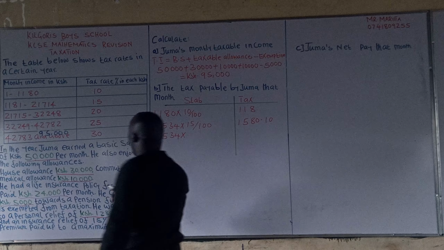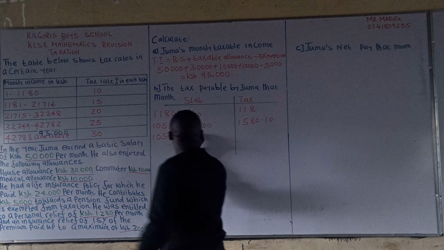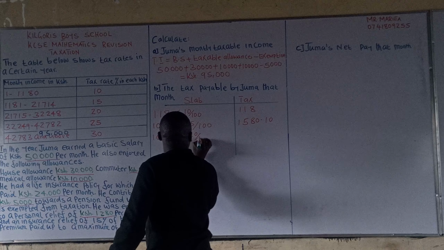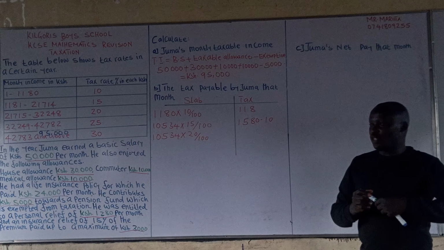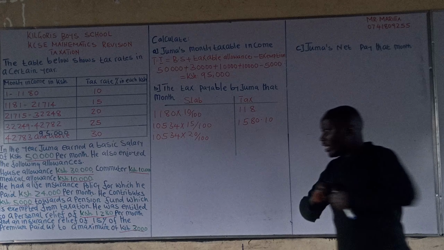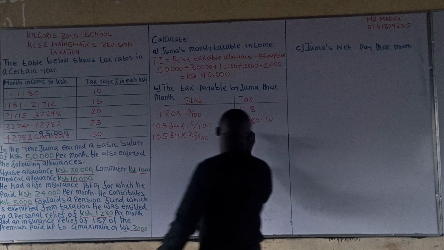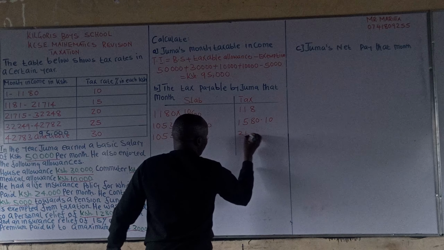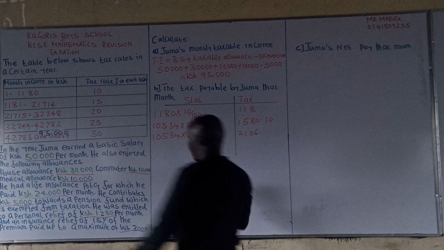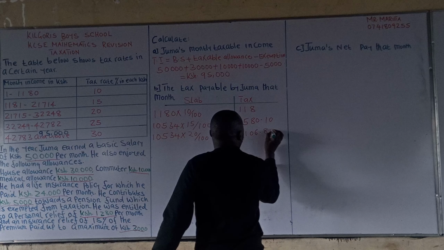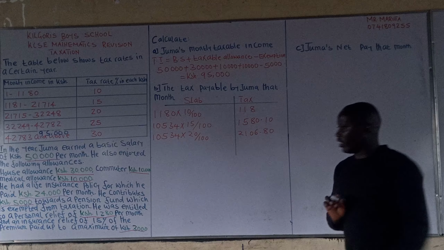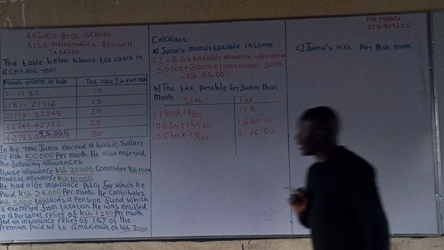The rate given there is just 20%, so you have 20 over 100. In that rate, the tax paid is equivalent to 2,106 shillings and 80 cents. That is the tax paid on that slab.